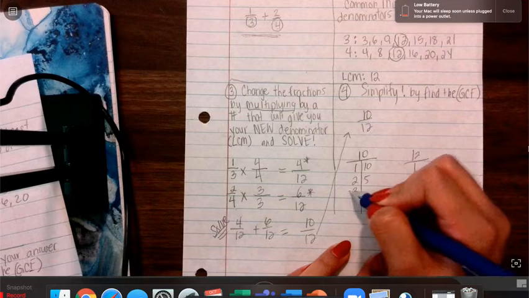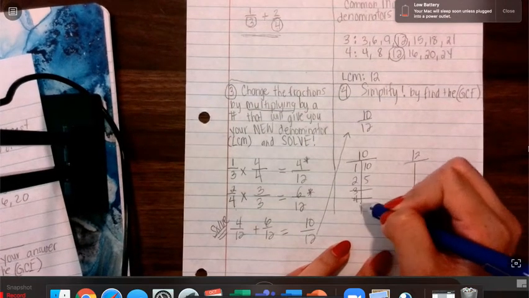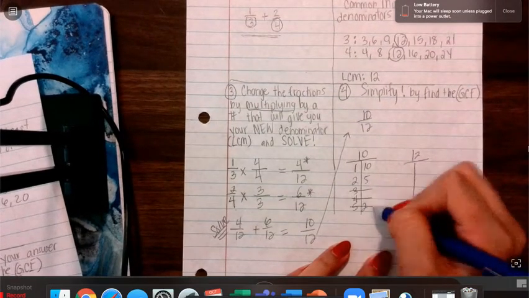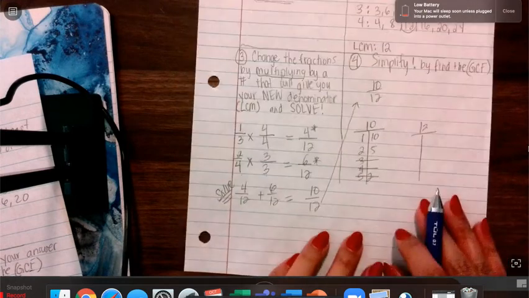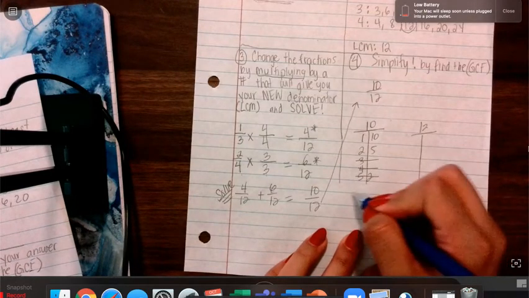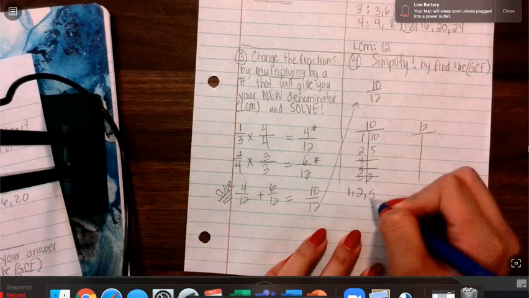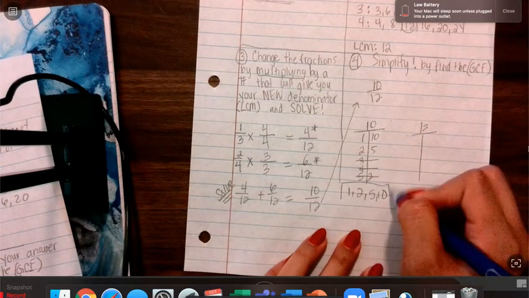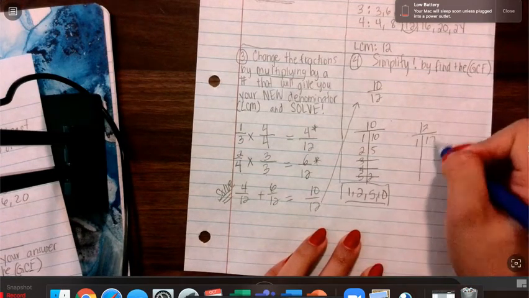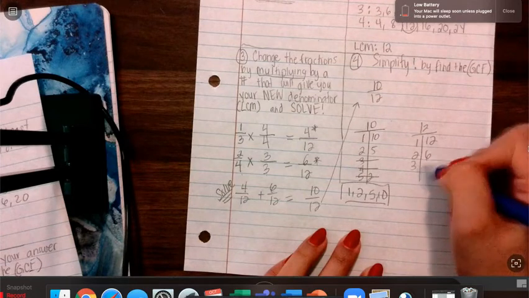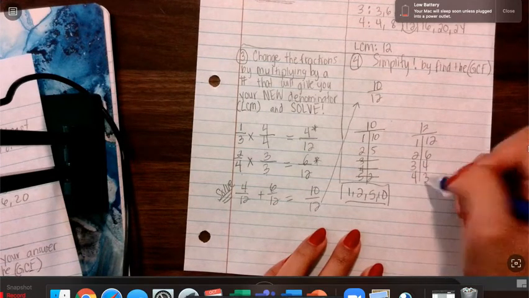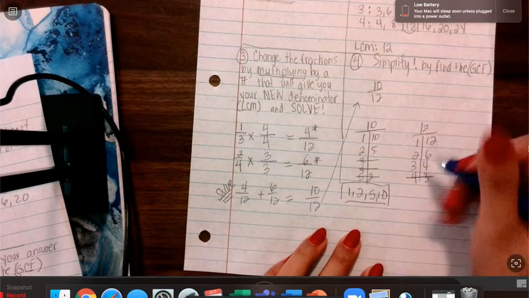I list my factors: 1, 2, 5, 10. Factors of 12: 1 times 12, 2 times 6, 3 times 4, 4 times 3. It's already in our list, so we're done. Factors of 12, in order from least to greatest: 1, 2, 3, 4, 6, 12.